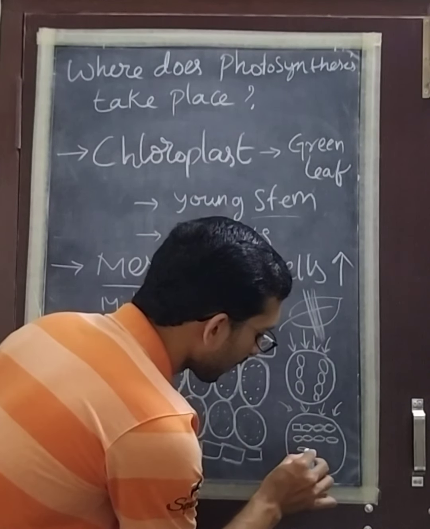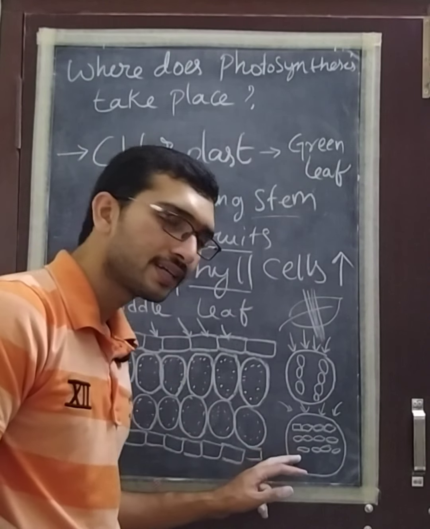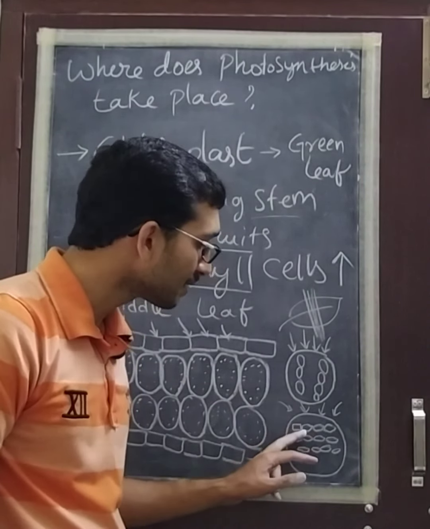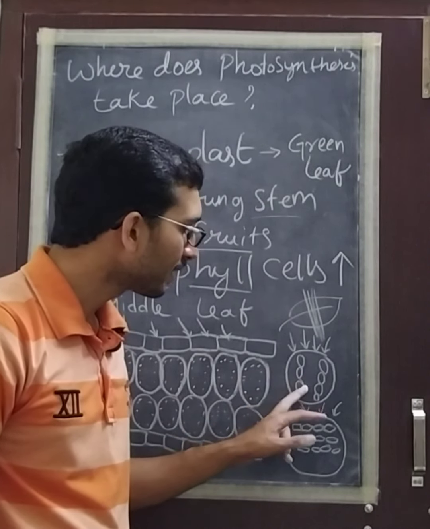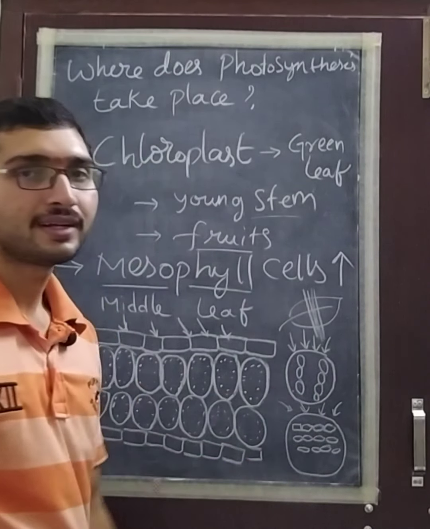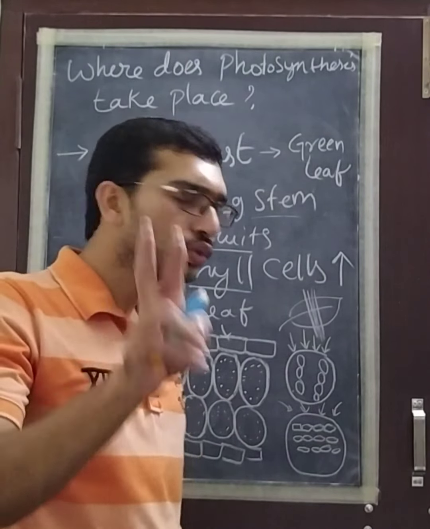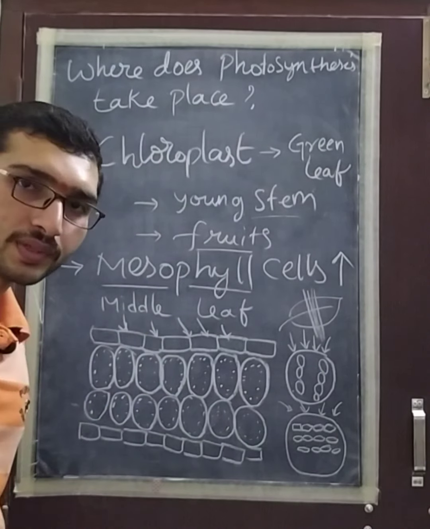When there is a low intensity of light, they are parallel; when there is high intensity of light, they are arranged perpendicular to the light. So these are the two different patterns of arrangement of chloroplast inside the mesophyll cells.